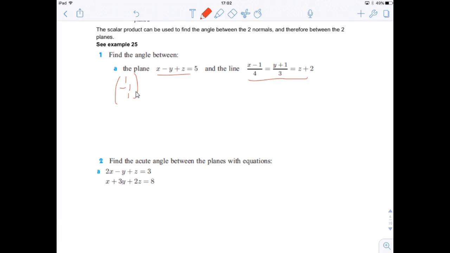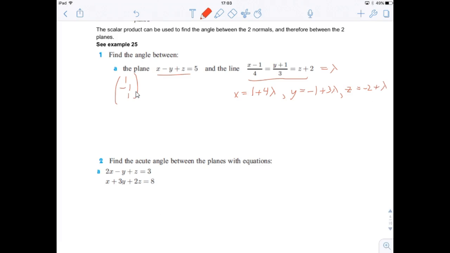The way we're going to find the direction vector of the line is to rewrite it as parametric equations. If each one of these is equal to lambda, then the first parametric equation is x equals 1 plus 4 lambda, the second is y equals negative 1 plus 3 lambda, and the last one is z equals negative 2 plus 1 lambda.